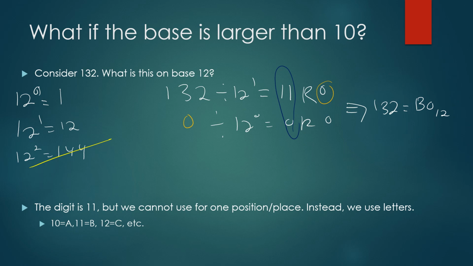The digit is 11, but we cannot use it for one position or place. So instead we use letters, where A corresponds to 10, B corresponds to 11, C corresponds to 12, and so on and so forth. If we end up needing more than enough letters, for example, there's 26 letters, let's suppose that we are in base 32.